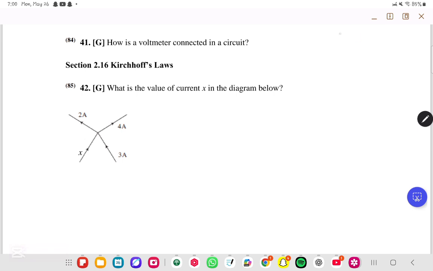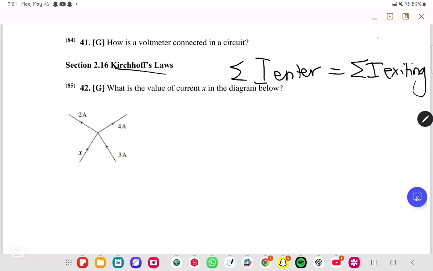So first of all, what is Kirchhoff's law? Kirchhoff's law, a very hard name, states that the sum, this is the sigma notation, it means the sum of currents entering is equal to the sum of currents exiting. Okay, keep this in mind. So what does this mean? This means the sum of currents entering this junction over here.